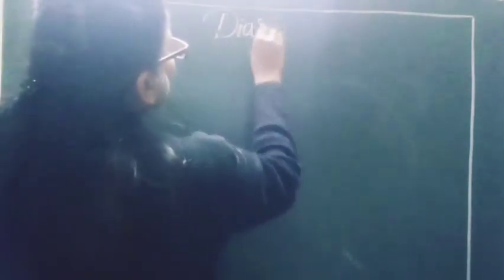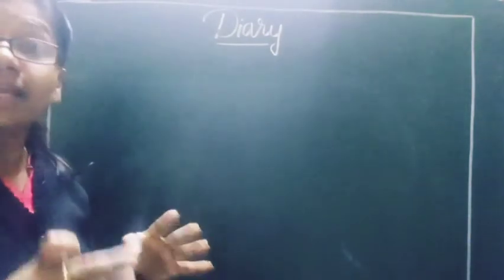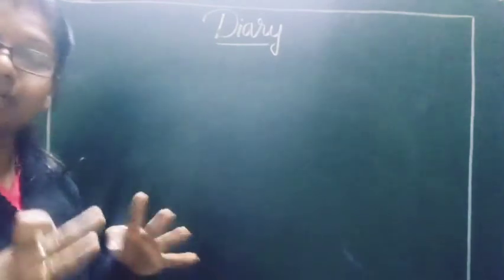Now, then you need to write the title first of all. Write the title, diary, and then give a finger space here, and then write the day you are writing that diary. The day and date, both you need to mention.